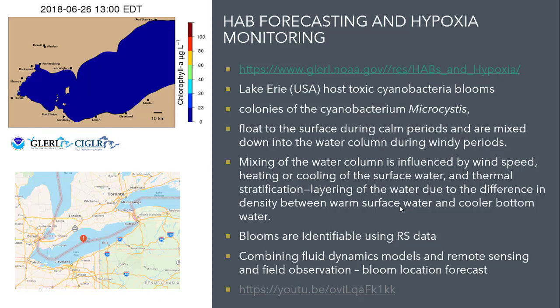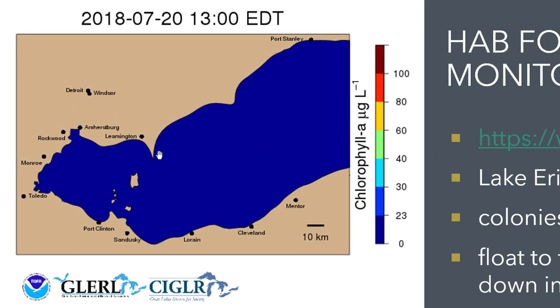So by using remote sensing, we can actually monitor how these blooms are moving around, and we can observe them. And over the years, GLERL has been able to develop a system whereby they are able to monitor what is going on.